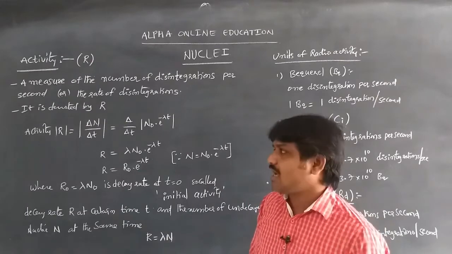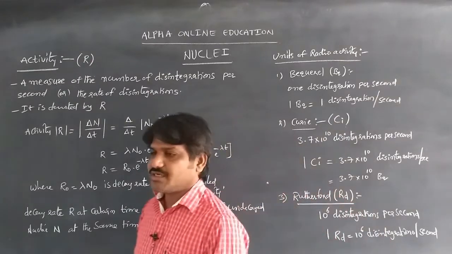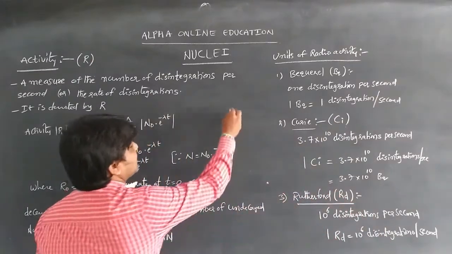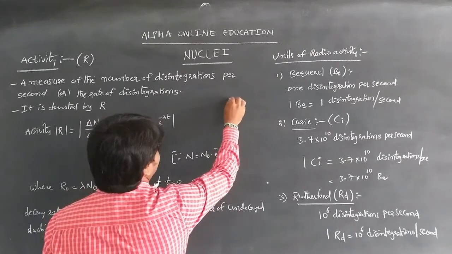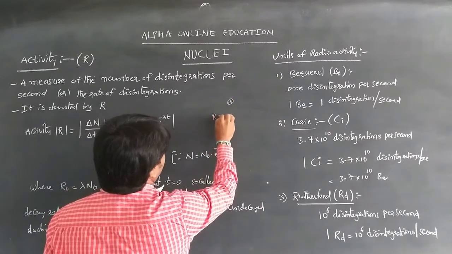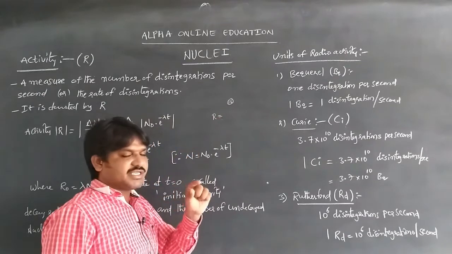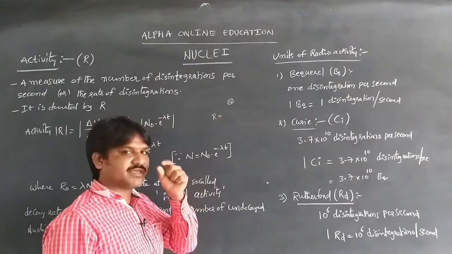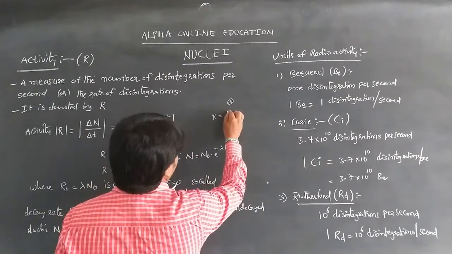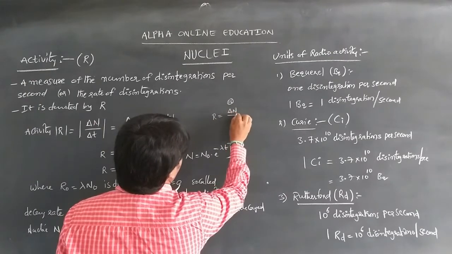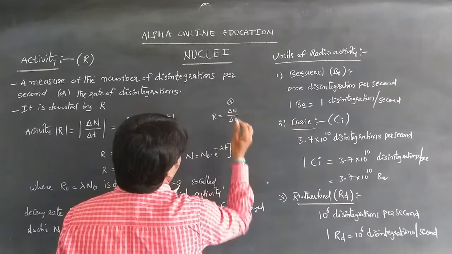We know that N is the number of nuclei present at that instant. Then the activity is equal to the number of disintegrations per second, that is, the rate of disintegration, which will be delta N by delta t.